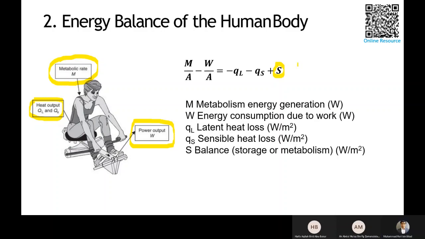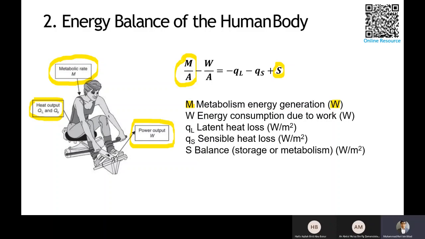So in this balance equation, M represents the metabolism energy generation. The unit is watt, and in the balance we use watt per surface area of the skin. The average surface area of the skin of the human body is about 1.77 square meter.